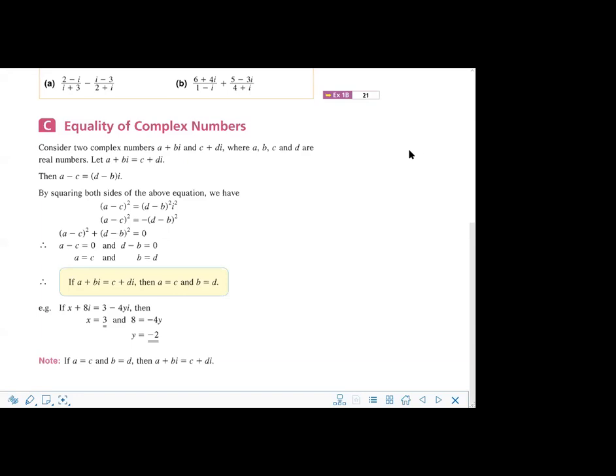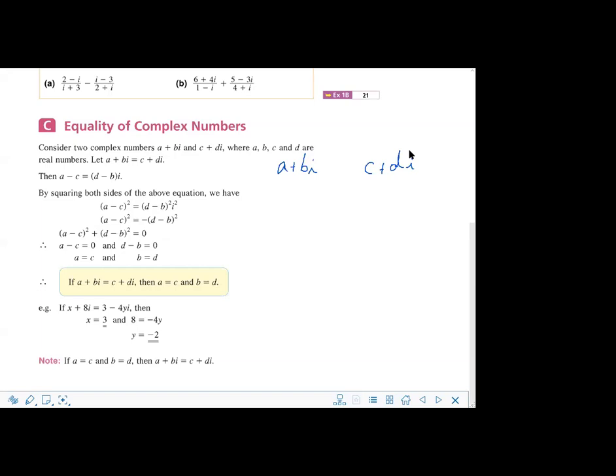And in this little section, we are going to handle the equality of complex numbers. What is meant by a complex number equal to another complex number is that, normally, we will denote the first complex number as a plus bi, and the second complex number as c plus di.